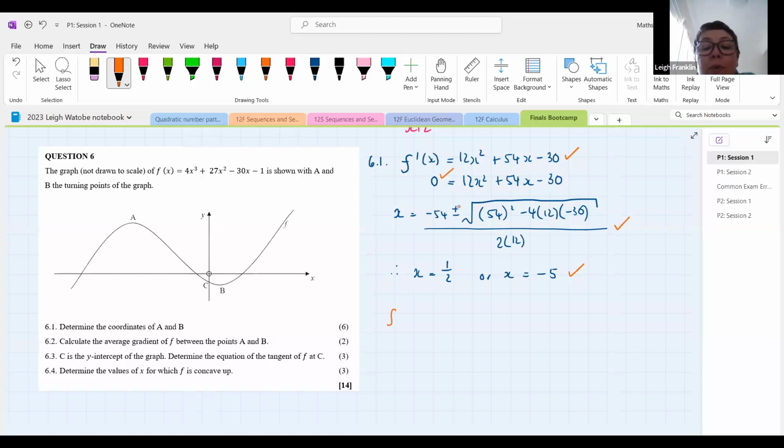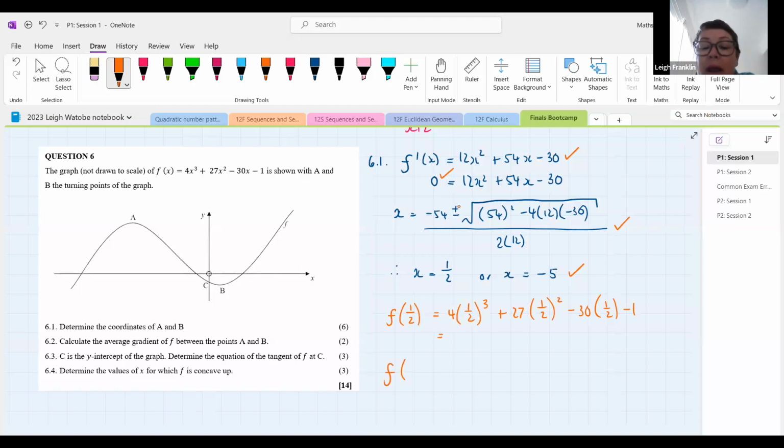Okay, so often when we sub in fractions, we get some weird, horrible fraction out. So we're going to sub in 4 times a half cubed plus 27 times a half squared minus 30 times a half minus 1. And then we're going to work out what that is.